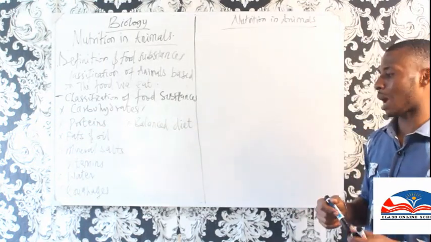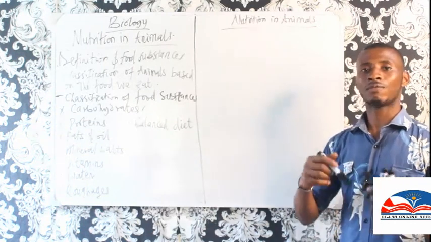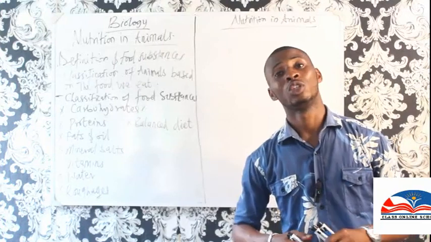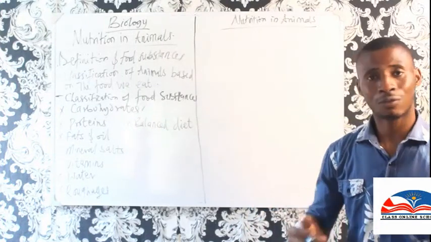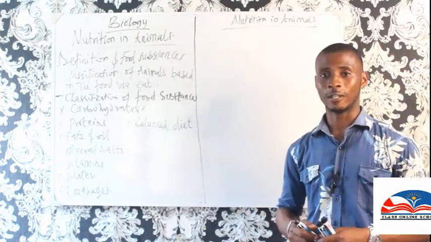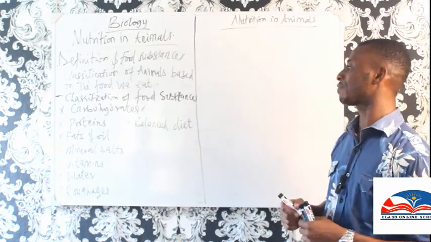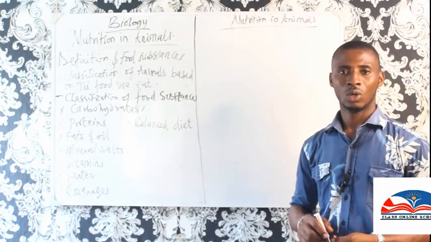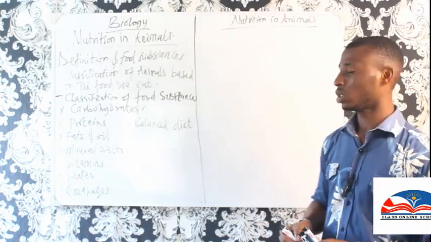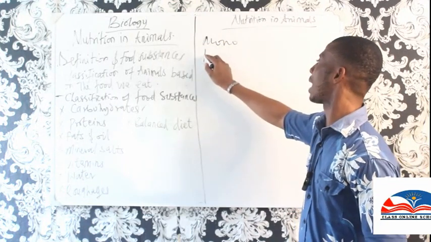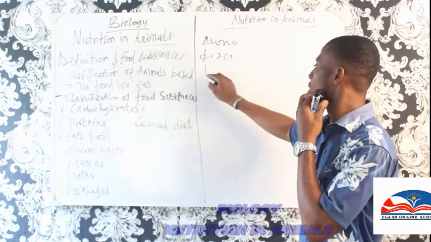Now, carbohydrates are found in every plant and in humans. In fact, they are needed in every food substance. They can be found in 3 forms. Now, we have types of carbohydrates: monosaccharide, disaccharide, and polysaccharide.